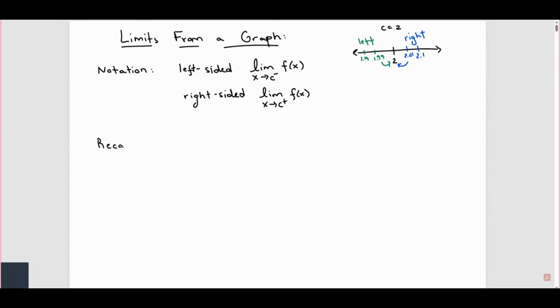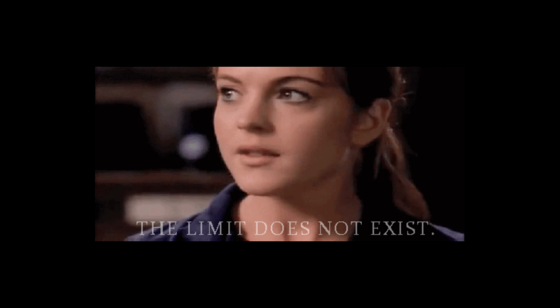Now, some other little bits of information that we're going to need to recall. My first one is that if my left-sided limit, approaching some value c, is different than my right-sided limit, what does that tell us? Well, that tells us that the limit at c does not exist.